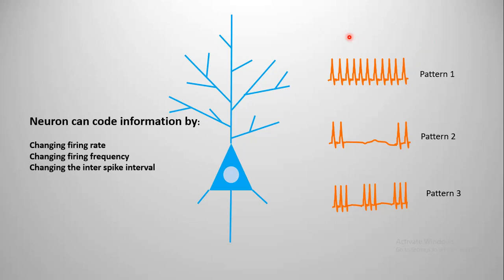Neuron can code information by changing the firing rate, or changing the firing frequency, or changing the interspike interval. All these changes could lead to a functional change that could code a different information altogether. So these are very interesting aspects, how neuron can code for several functionalities.